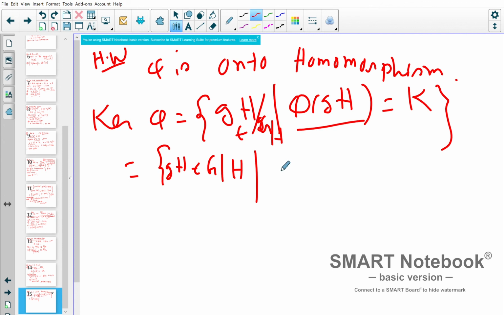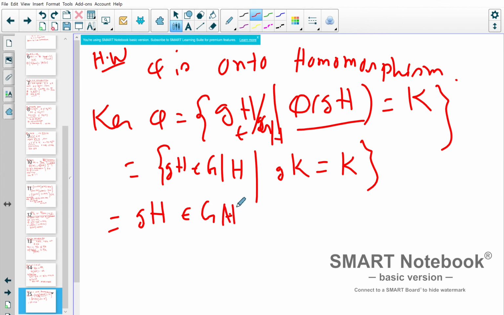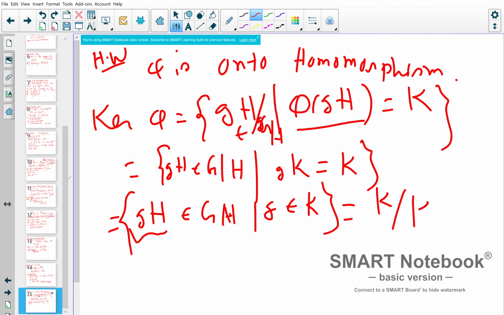This is nothing but GK, which is equal to K, and this means that G belongs to K, right? So all those GH belonging to G mod H such that G belongs to K. Now G belongs to K, what does that mean? That means that these left cosets are actually elements of K mod H. So this tells you that this is nothing but K mod H.